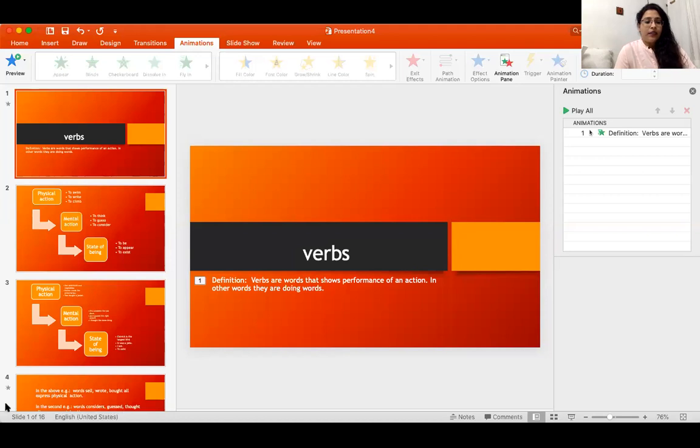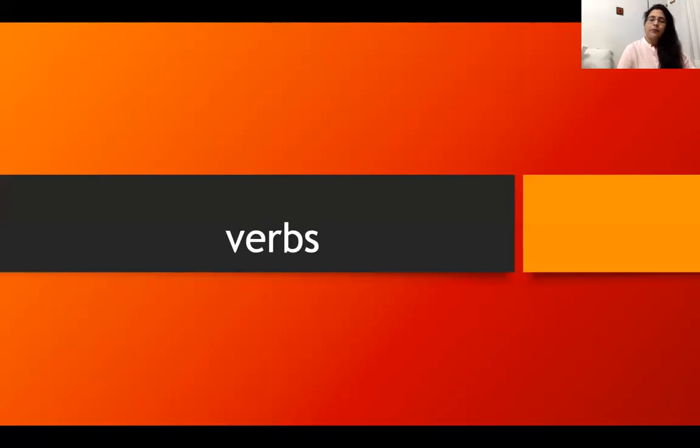So the very first and foremost thing that comes here is verbs. What verbs are? Very important question. What verbs are? And as noun is an important aspect in grammar, in the same way, verb also is a very important element in grammar.